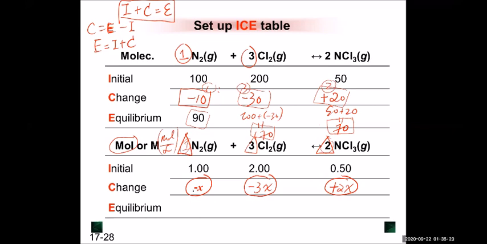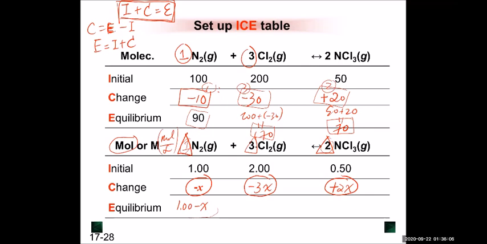Can we find the equilibrium concentration or the equilibrium amount for each reactant and product? We apply the same as we mentioned before. In the ice table, it is I plus C equals E. For each reactant or product, the equilibrium amount is the initial amount plus the change. So the equilibrium for N2 is the initial amount plus the change, which is negative x.